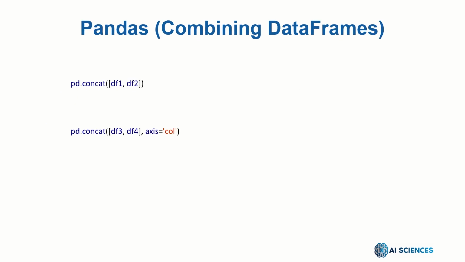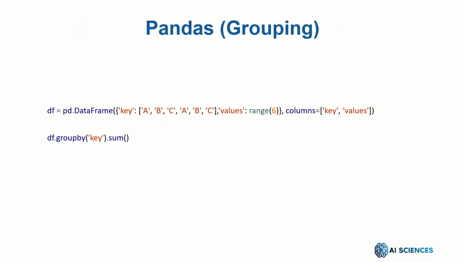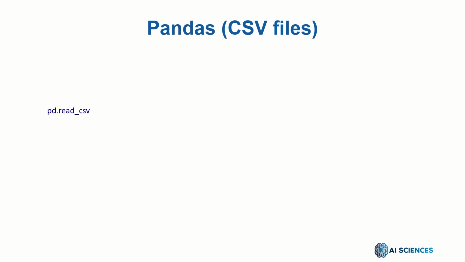We also saw concatenating multiple data frames together, and then we talked about the groupby function in data frames. That's a very powerful function for arranging the results, sometimes summarizing the results, sometimes just ordering and arranging the results in a particular desired way. And then finally we applied some of these concepts on a CSV file.